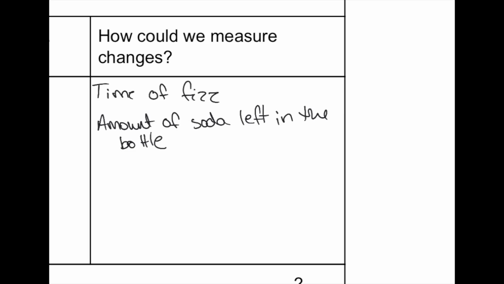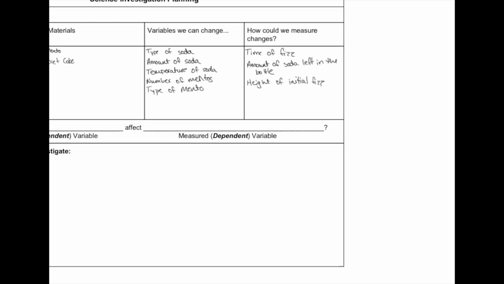We could look at the height of the initial fizz. All right, so there's all sorts of different things that we could measure. Okay. All right, so now let's look at some questions that we could investigate.